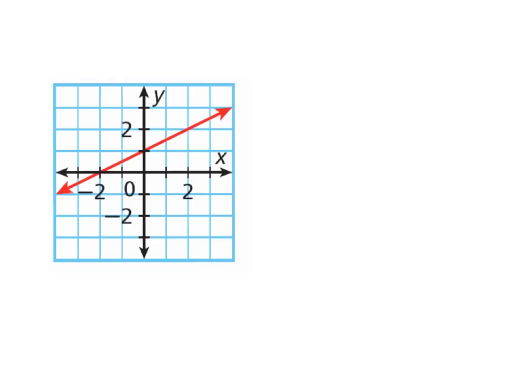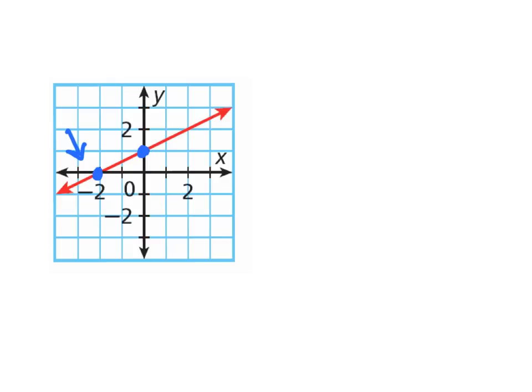All right, let's try this one. Go ahead and calculate the slope and see if you can also write the rule for this line. Okay, welcome back from pausing the video. I'm going to pick any 2 points on this line. I'll pick this point right here and this point right there. It doesn't matter where you start, but I'll start here at the point x equals -2, y equals 0.